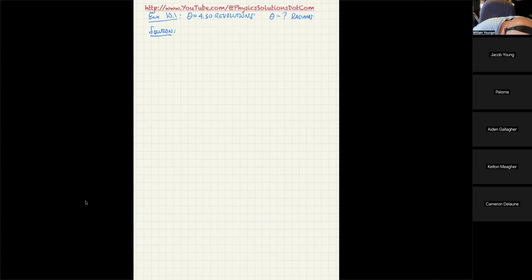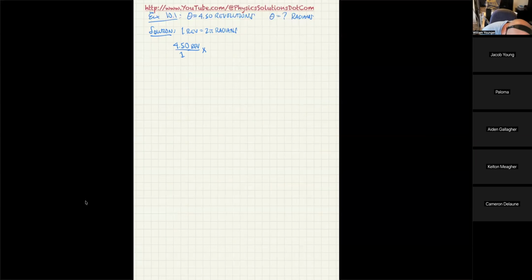what we know is one revolution is equal to 2 pi radians. So we're going to say 4.50, we're going to put that over 1 like we normally do when we're converting units. Revolutions. Now I'm going to multiply by 1 such that the units I have disappear and the units I want remain.